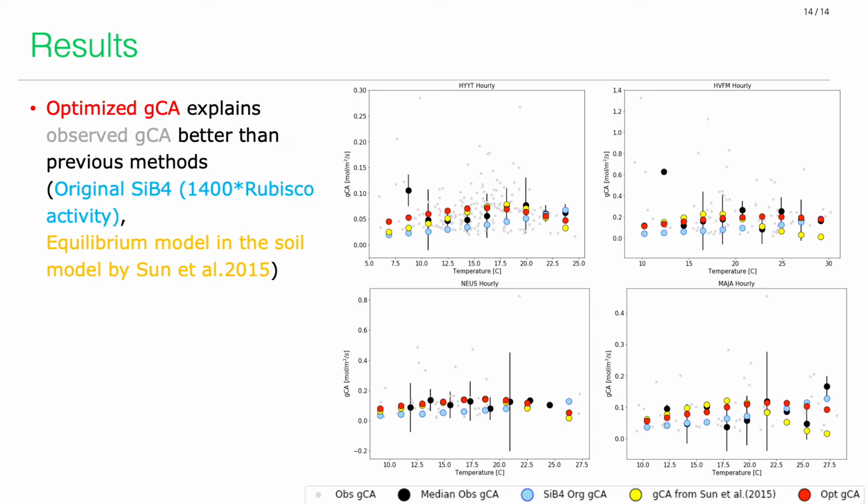And I think our optimized GCA is powerful because it explains the observed patterns overall, and also can capture the denaturing point, compared to the original SiB4 GCA, which has the sky blue dots, and other CA estimations, for instance, the soil model of the COS, which has the yellow dots here.